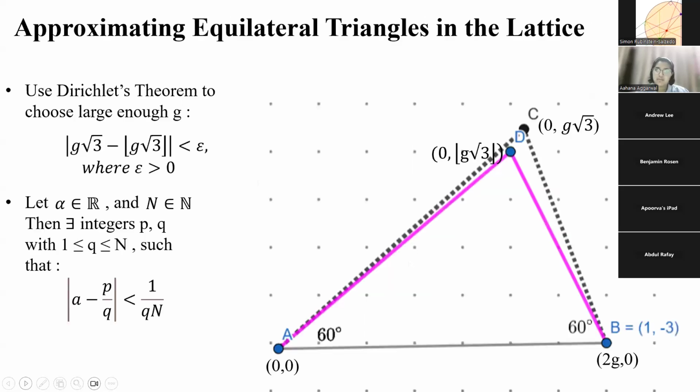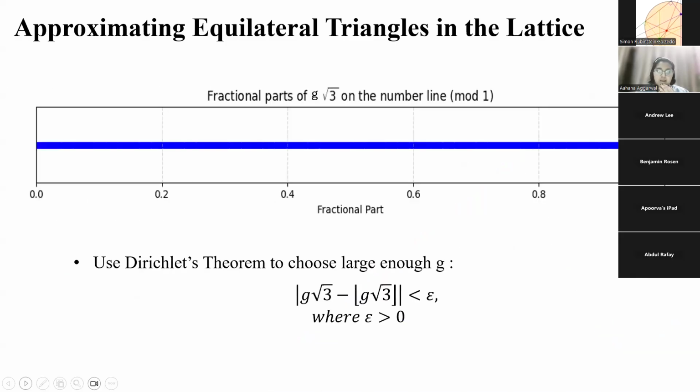But the question is, can we approximate them? Yes, we can. So consider a triangle with three coordinates (0, 0), (2g, 0), and (0, g root 3). We take this coordinate (0, g root 3) and we take the floor of g root 3 to obtain another lattice point D. Here we use Dirichlet's approximation theorem to do so, such that the modulus of g root 3 minus the floor of g root 3 is less than epsilon, where epsilon is greater than 0, which is a very, very minimal difference, but we can obtain a lattice point close to point C, which is not on the lattice.